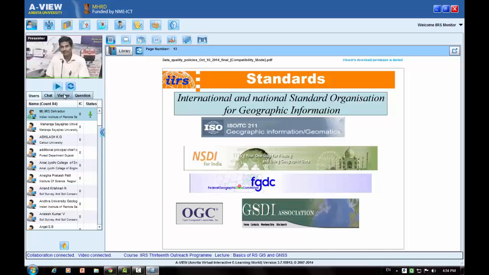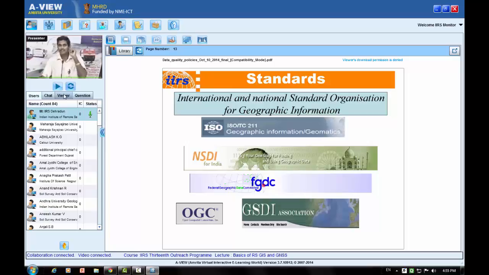In 1994 itself, when Bill Clinton was the president, they came up with guidelines for geographic data. So I think even before ISO, the USA was the first to start using common standards, developing data based on that and making it available to many users.